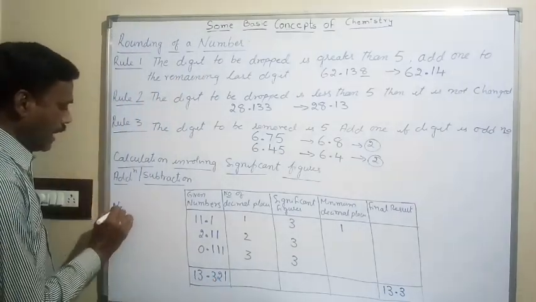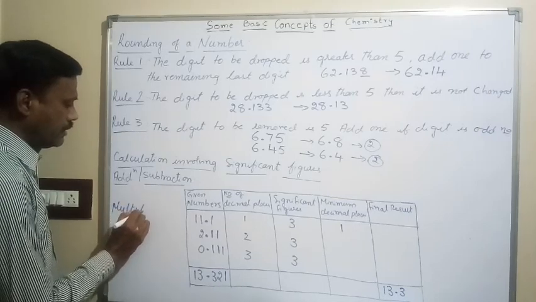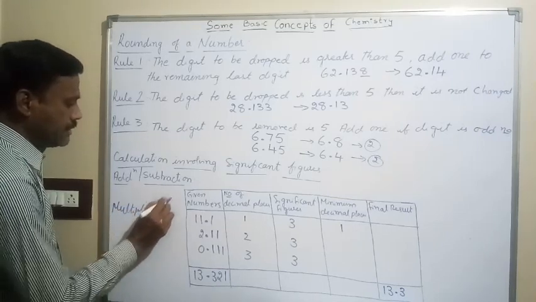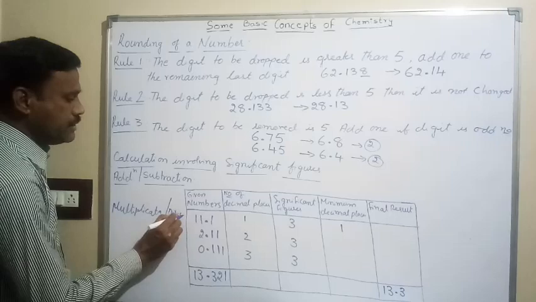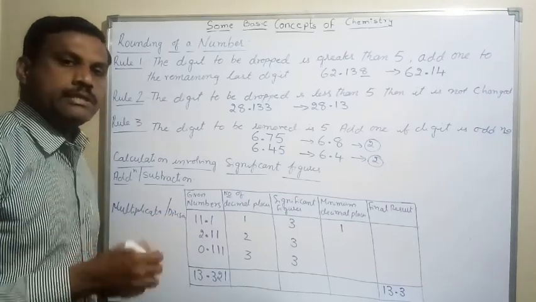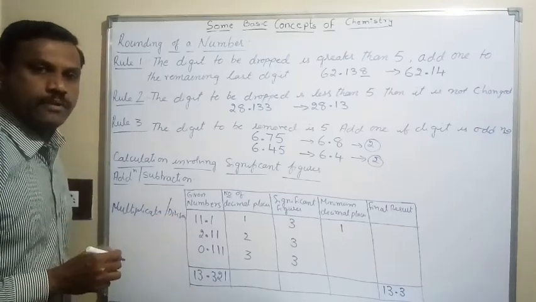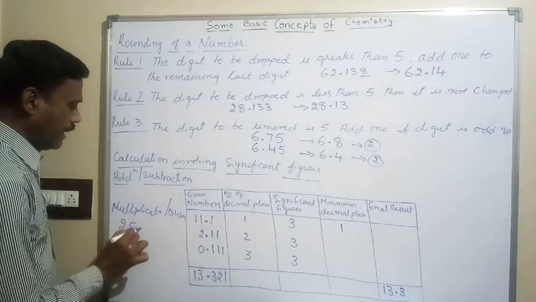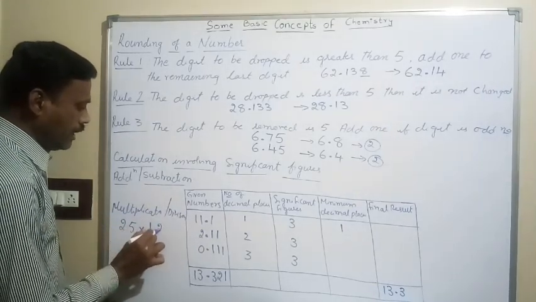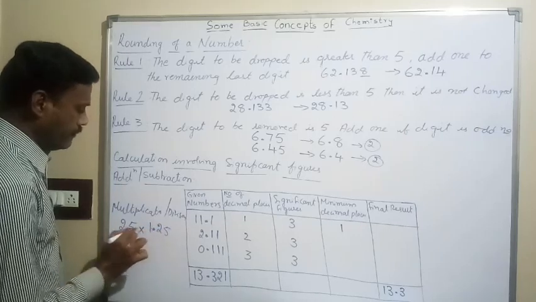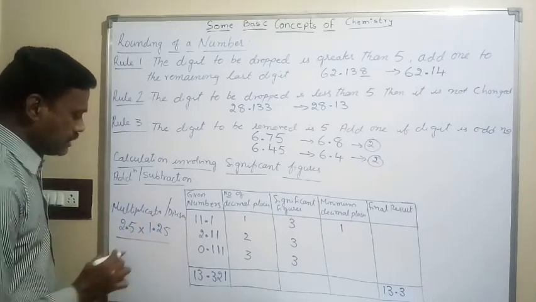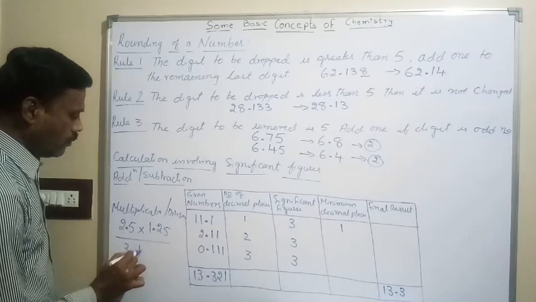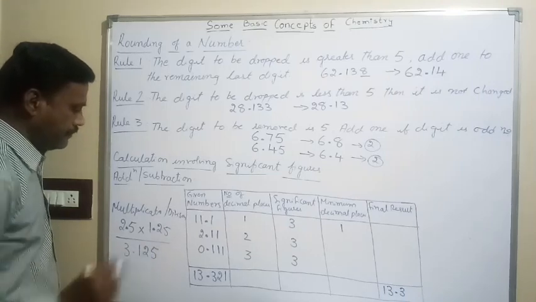The same thing happens in case of multiplication and division. Least decimal places has to be given for the final answer. Say it is 2.5 into 1.25. So the product will be 3.125.